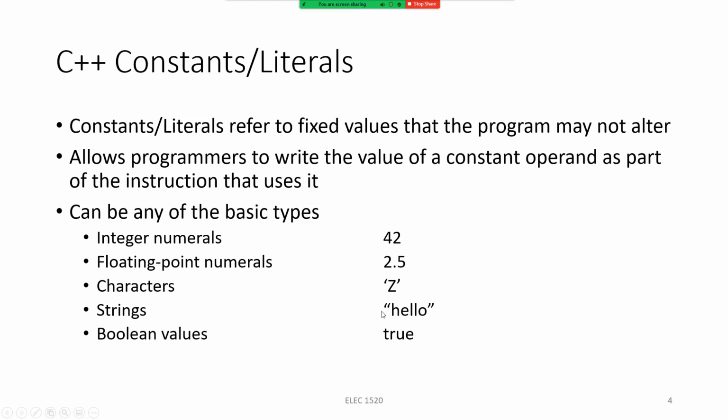A string is any characters within a left double quote and a right double quote, so within double quotes is a string of characters. Its data type is referred to as a string in C++. Boolean literals can just be true or false, all lowercase, and those are keywords of the language.